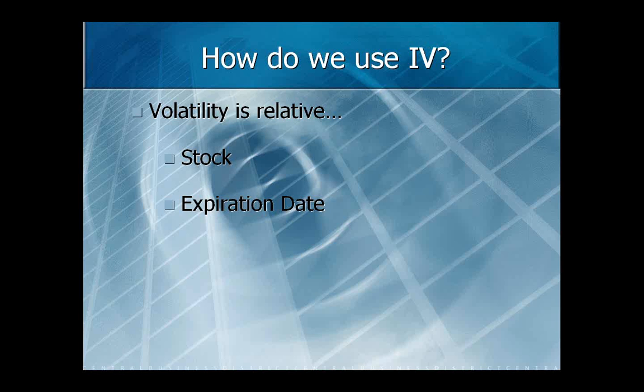Volatility is also relative to the expiration date. Typically, a short expiration date can possibly have a higher volatility than an expiration 2 or 3 months down the road. Why is that?